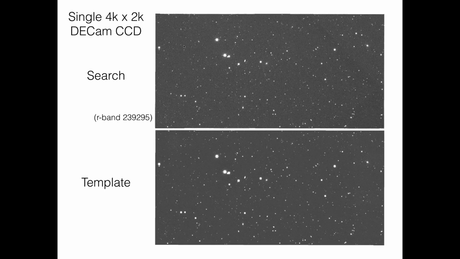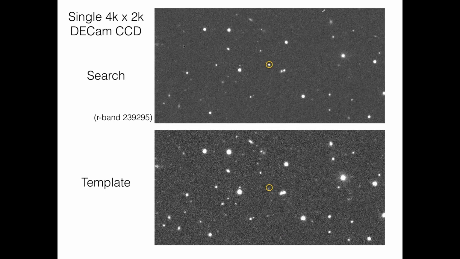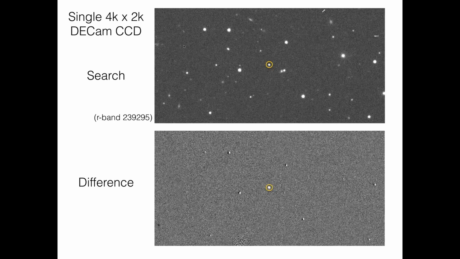So I'm going to take that little piece over there and then zoom in. You can see that there's a dot on the top, but not a dot on the bottom. If you take the top one and subtract the bottom one, you can see that most other things are subtracted nicely, but not perfectly, but most of the things are gone, and then the thing that is not in the template image appears in the difference image.